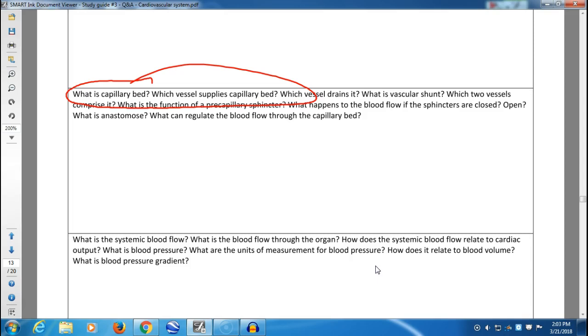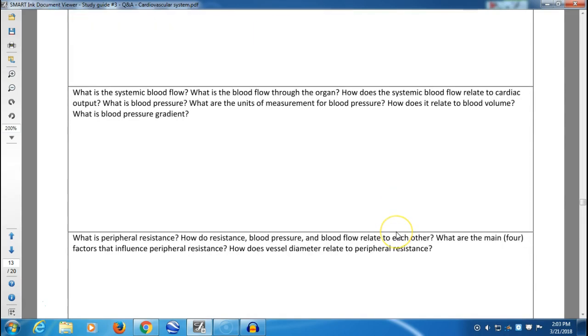A vascular shunt connects the arteriolar side and the venular side, right? What controls the blood flow through the capillaries? Capillary sphincters. If they open, you have blood flow through the bed. If they close, blood flows through the vascular shunt. We talked about anastomoses. Got this. Okay.